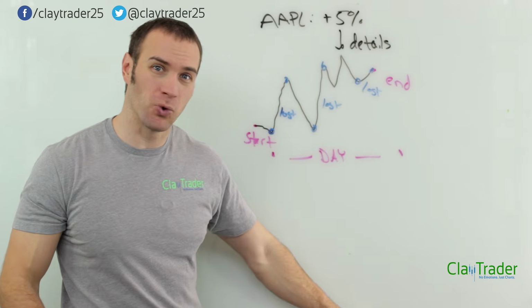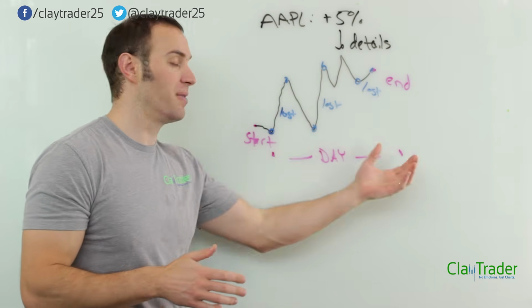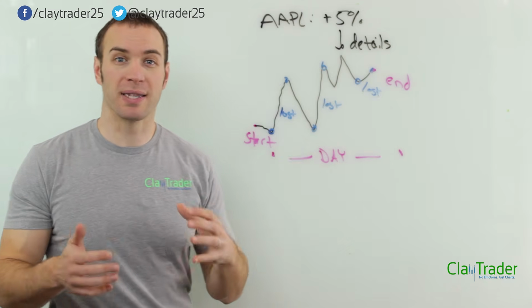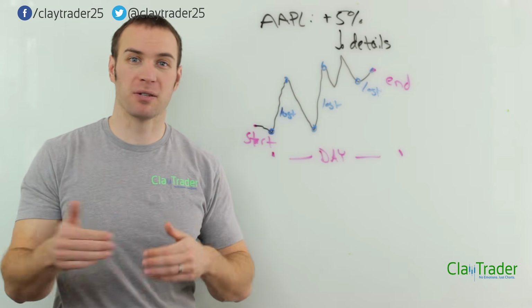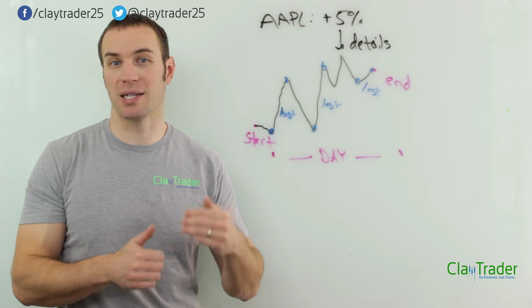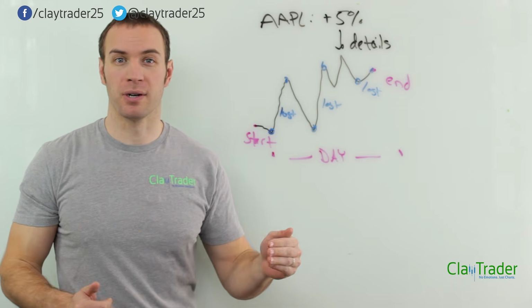That really doesn't mean much to a day trader because they care about what was going on within the day itself. And that's what day trading is. That's what a day trader does. They're looking at intraday price movements, those price fluctuations, and trying to capitalize on them, which includes potentially being able to make money when prices go down.